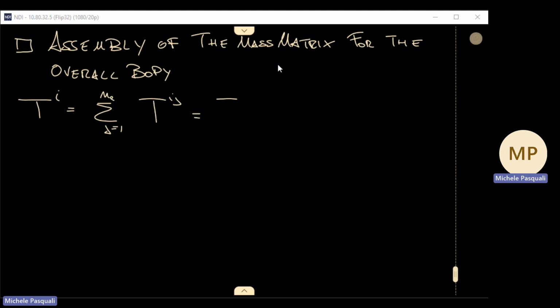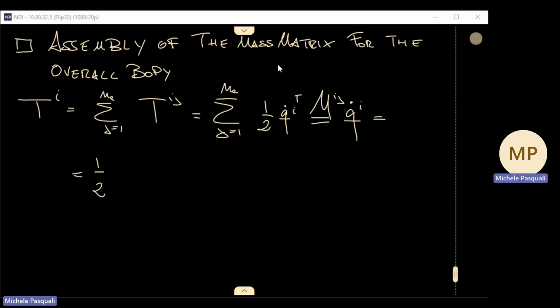This basically turned out to be quite a nice and convenient expression, as we resorted to the fact that our kinetic energy of the element was referred to the overall set of the nodal quantities of the body, allowing us to put in evidence the sum sign only with respect to the mass matrix.